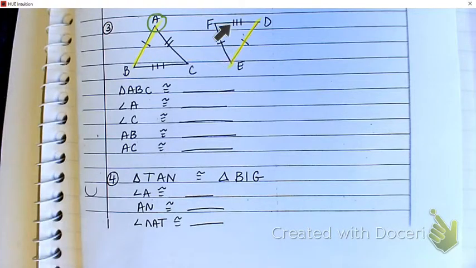So if I go over here, here's the 1 and here's the 2, so which one goes with A? E. Does that make sense? So instead of looking at the curves, you might have to look at the lines. So E goes first because it goes with A.